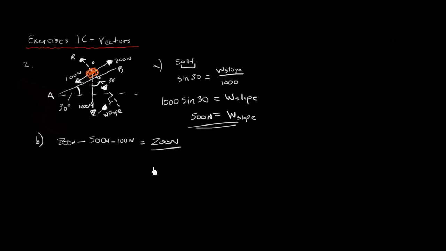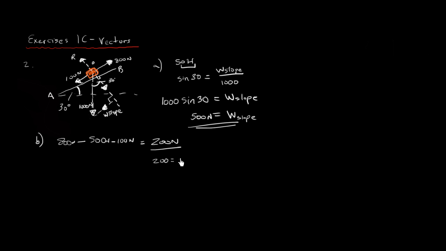And if we wanted to calculate how much the acceleration would be, we would say, okay, the resultant force acting on it after you subtract all the forces up and down the slope is 200. So then F equals ma would be 200 equals the mass of the car, which we are not told, but we know the weight is 1000, so the mass is going to be around that divided by 10, which is 100 kilos.